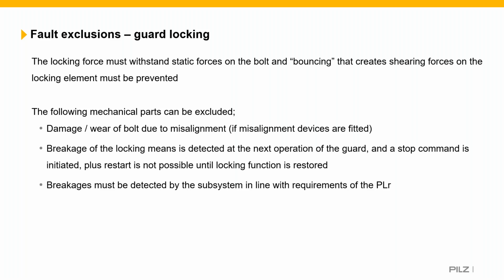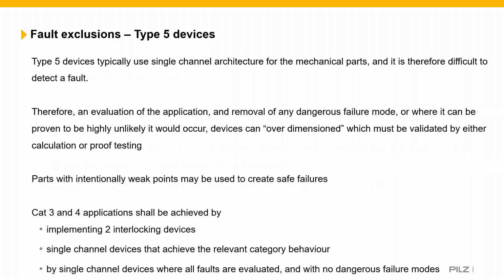Any breakage of the locking means is detected at the next operation of the guard, and it must initiate a stop command and not allow the system to be restarted until that locking function is restored. And breakages must be detected by the subsystem in line with the requirements of the particular performance level.